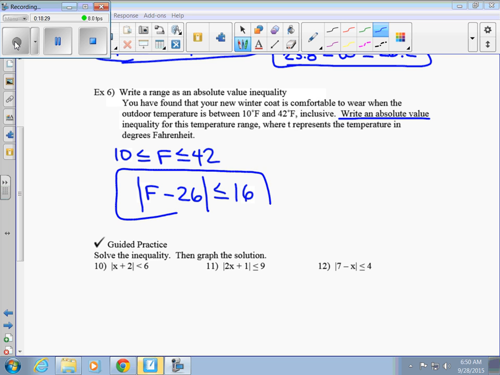So here is our absolute value inequality. So remember, this is our middle, or what we would expect to have. And this is how far we go from the top to the middle, or how much we can be off.